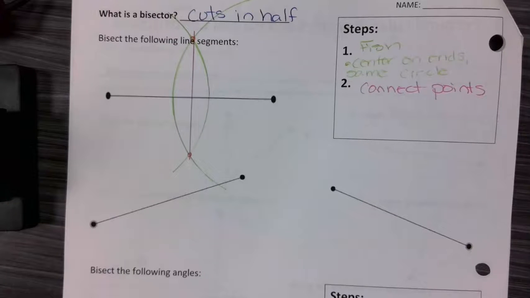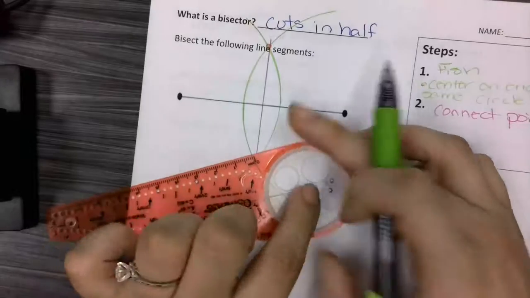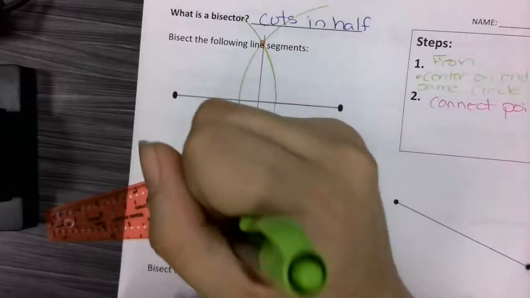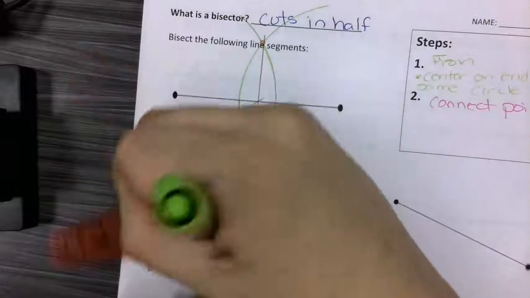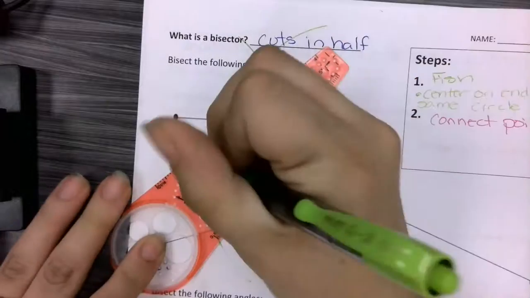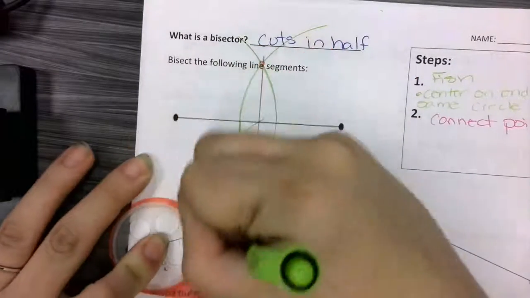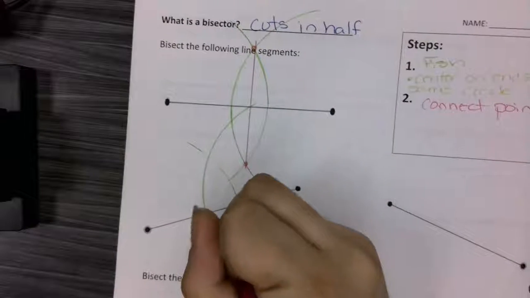Okay, so I have two more lines that we can practice on right here. So I center here, and then I pick any size hole. And I gotta remember to pick the same one over here. Then I connect the 2 points where they cross.